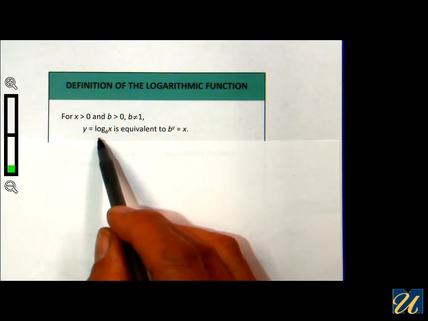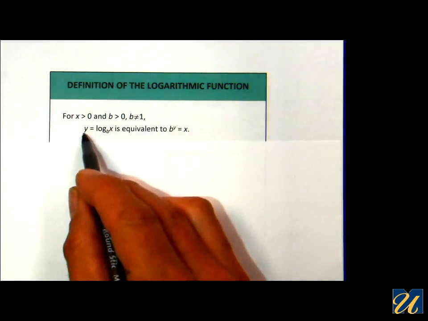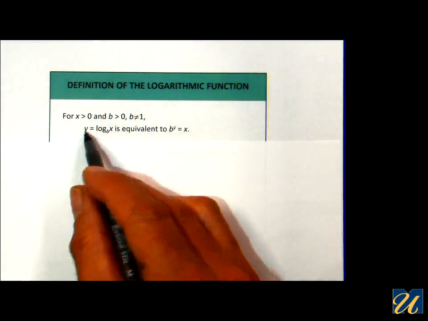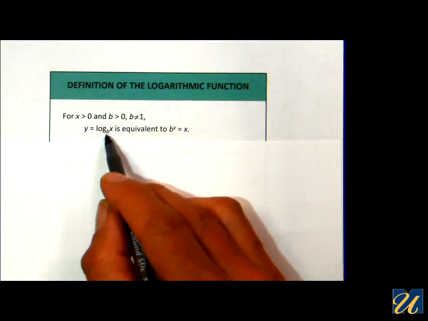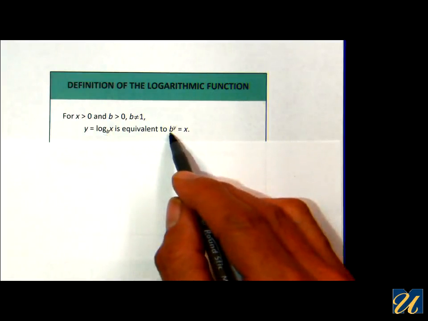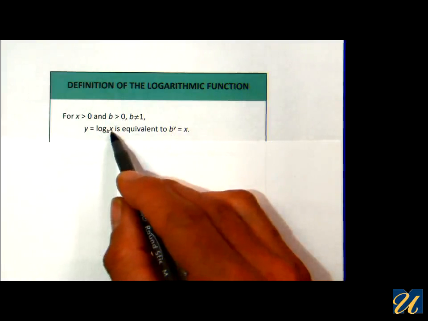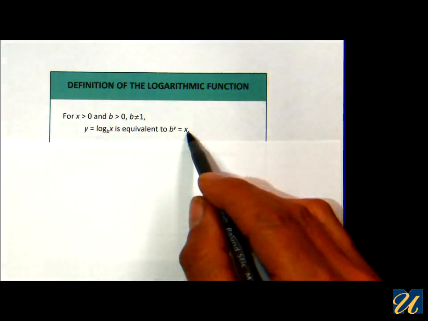So let's take a look at this a little more carefully. We have y in the logarithmic form, which becomes the exponent here in the exponential form. The base here of the logarithm is b, and that is the base here in the exponential form. And the number that you take the logarithm of is over here in the logarithmic form.